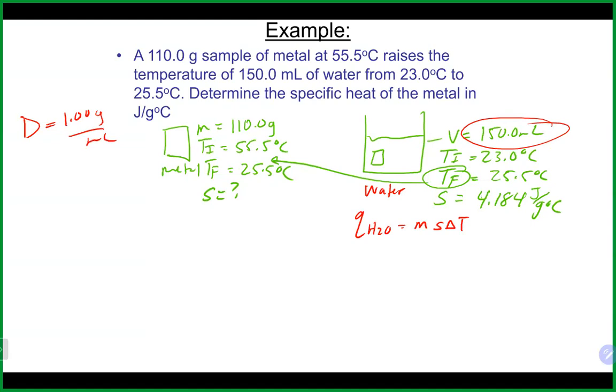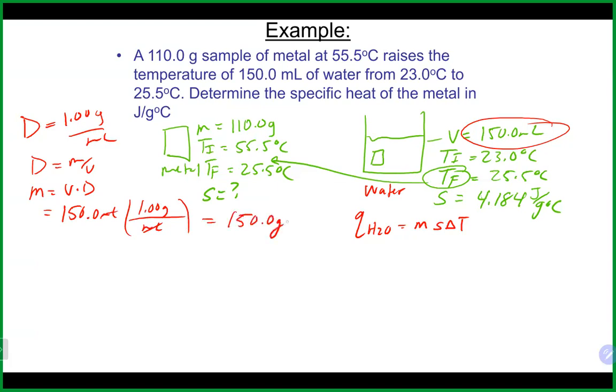So we could use the density is mass divided by volume, which means the mass would be volume times density, which basically means we have 150 milliliters times our 1 gram per milliliter, going to give us 150 grams of water. So we now have it in the right units.